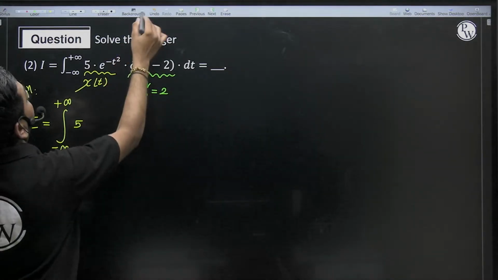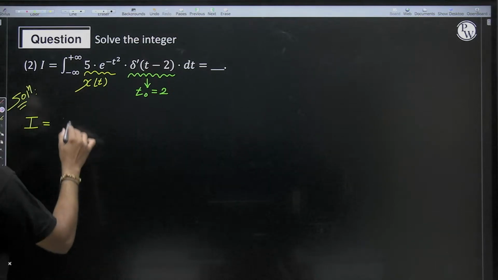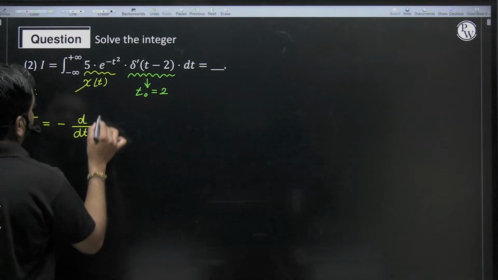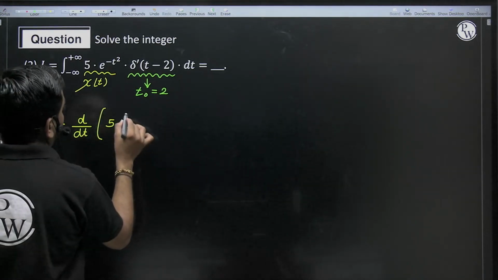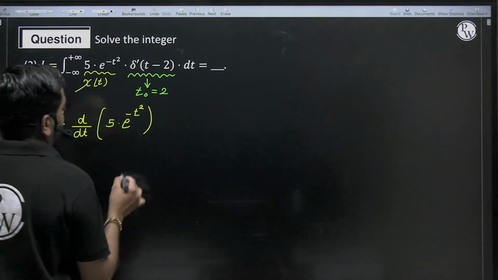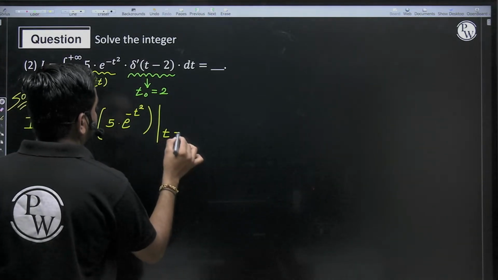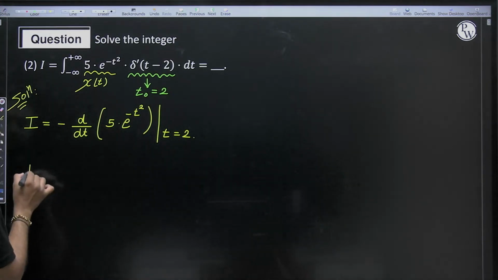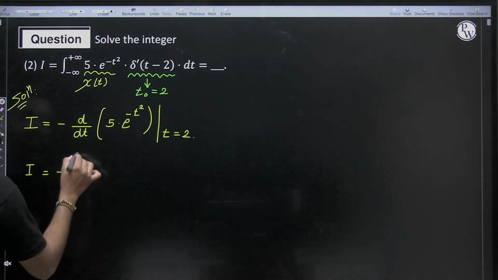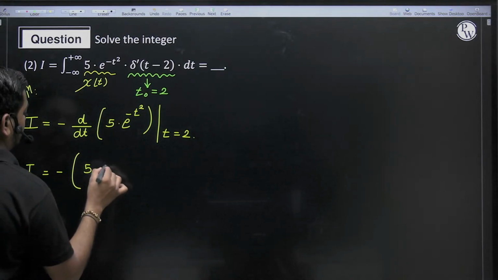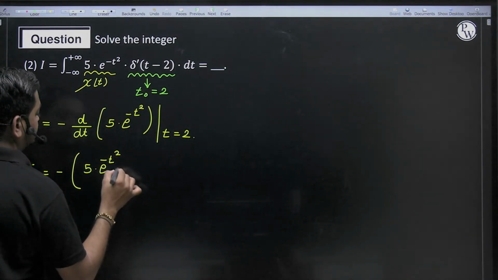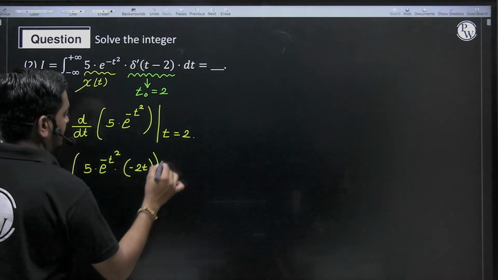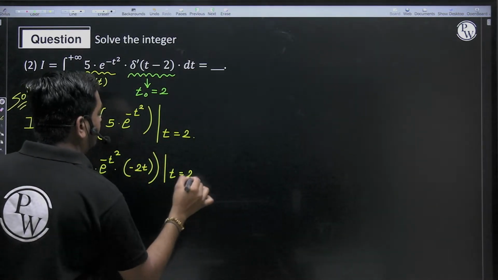So here differentiation, guys: minus d by dt of 5 e to the power minus t square, and the value of this is at 2, correct? So if you do the differentiation, then minus sign here, 5 e to the power minus t square, and differentiation of t square is minus 2t, guys, clear? And the value at t equal to 2.